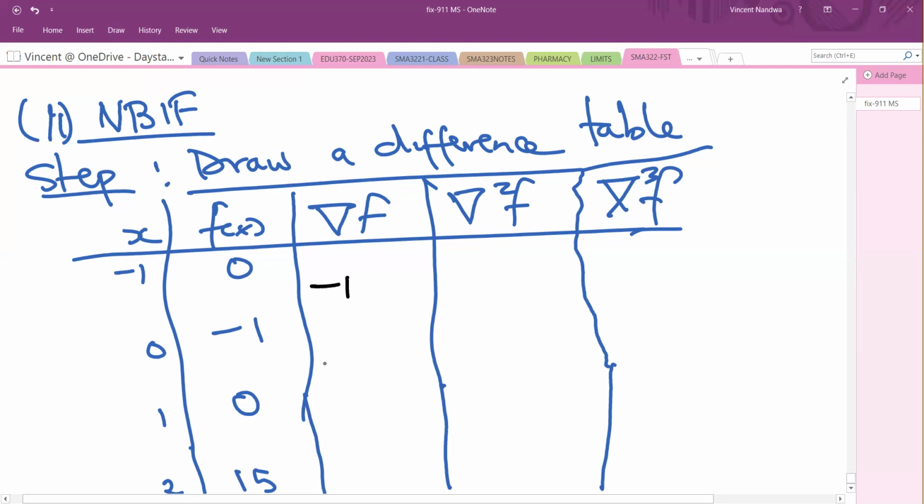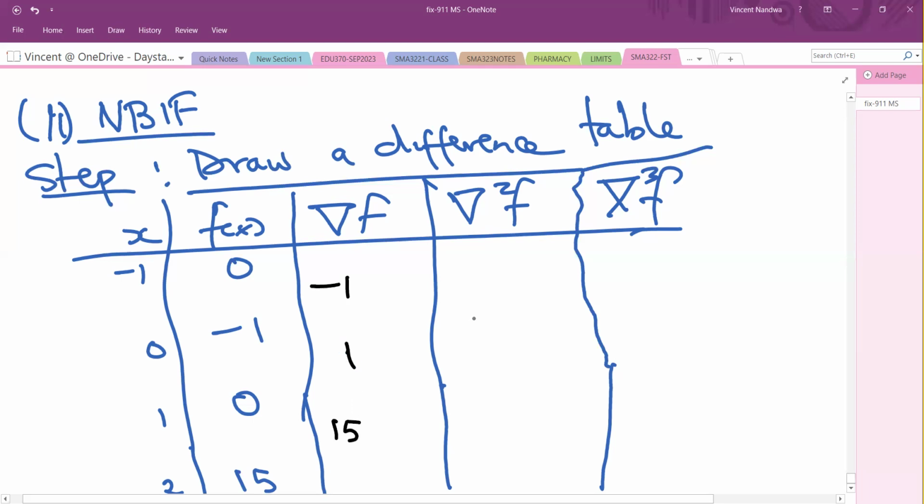Remember, the way we get the differences when you have numerical values is the same. Take the lower number, subtract the upper number. So lower minus upper. So 0 minus -1 is +1. Then next difference, 15.